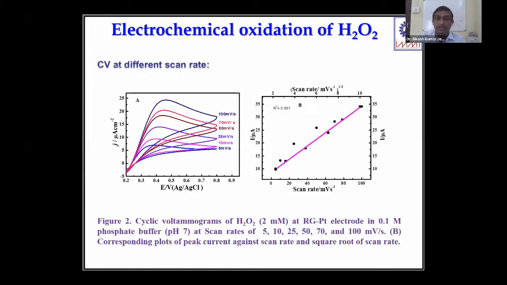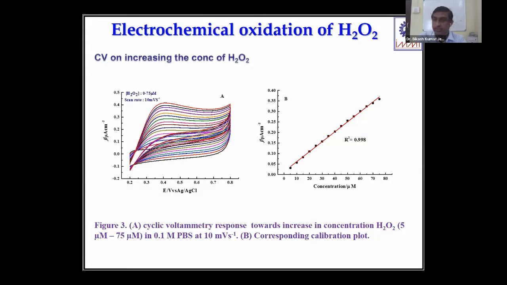Then we checked its response to different scan rates, whether the scan rate has some influence and whether it is a diffusion-controlled process, because diffusion is essential as the hydrogen peroxide generated will diffuse to the electrode surface. Further, we checked with cyclic voltammetry the change in concentration. When you increase the concentration of hydrogen peroxide, you see the peak current is increasing, directly proportional to the current we got from the oxidation of hydrogen peroxide.